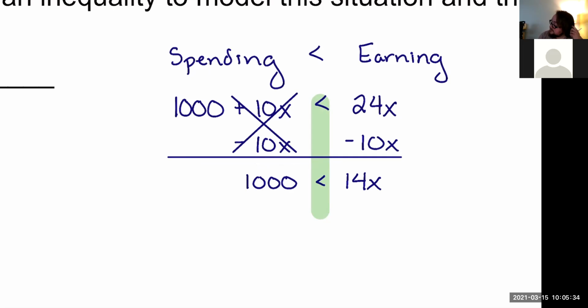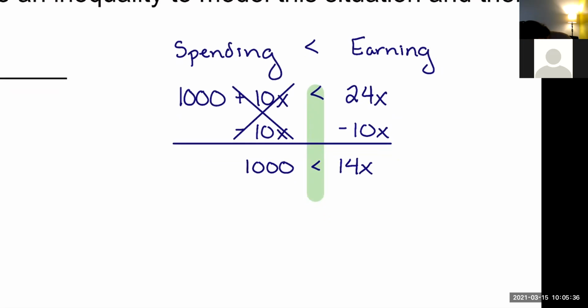What's left to do? Divide both sides by 14. Now I seem to recall it's going to give you a fraction or a decimal depending on what your calculator is telling you. What do you get? 71.428. And I assume that goes on still, right?